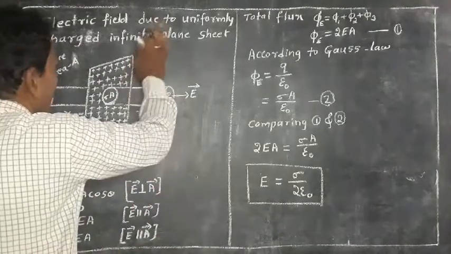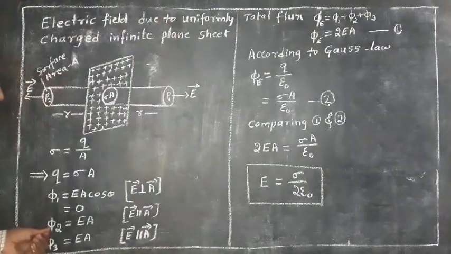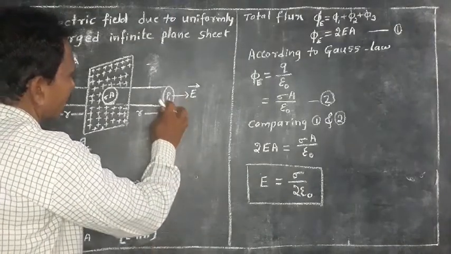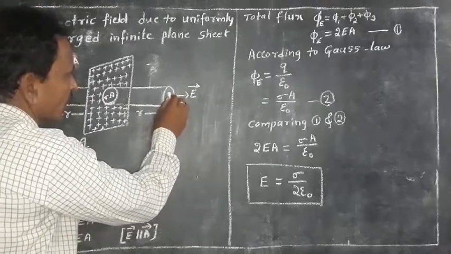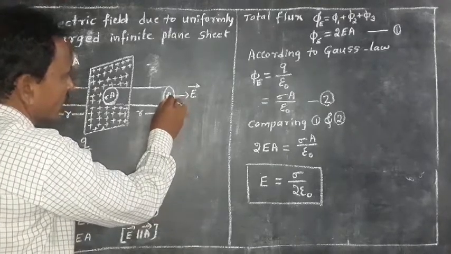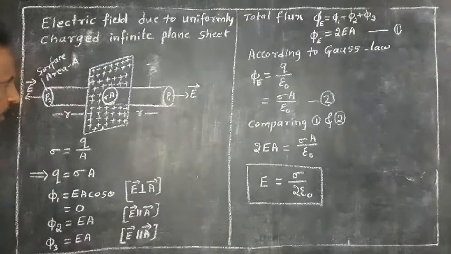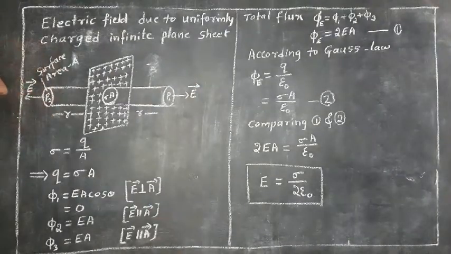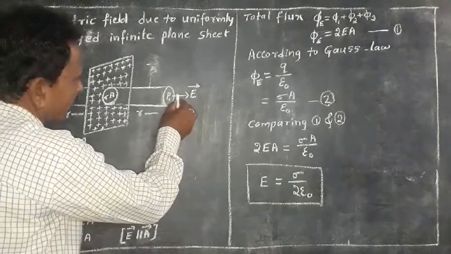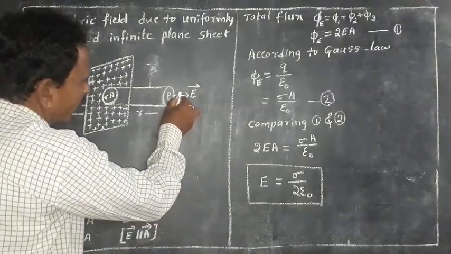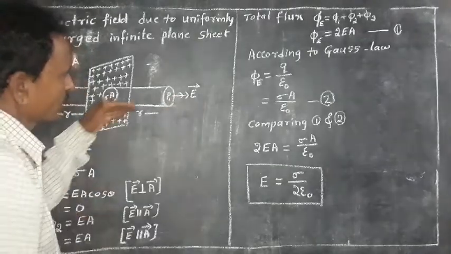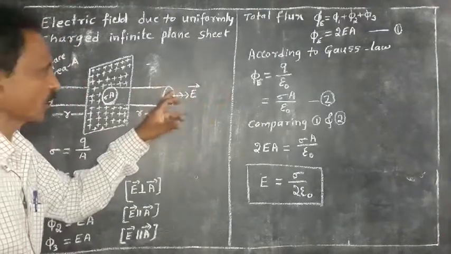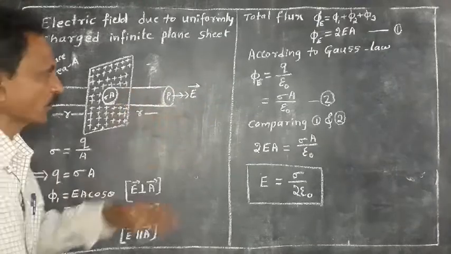Now, phi 2 be the flux through the surface area A enclosing the point P. Here the area vector is perpendicular to the surface, outward perpendicular for closed surfaces, since the cylinder is a closed surface.